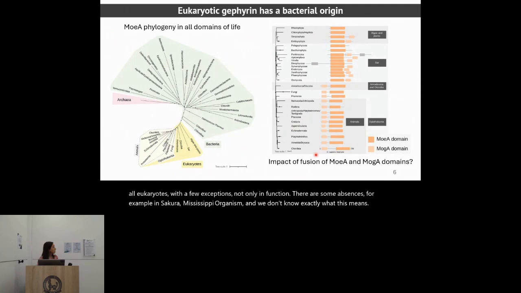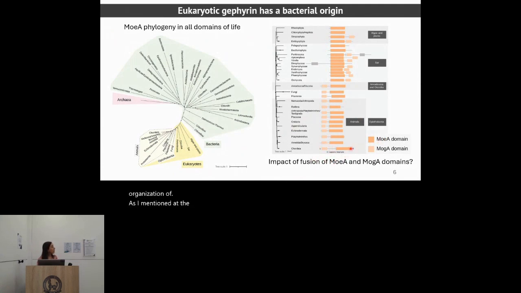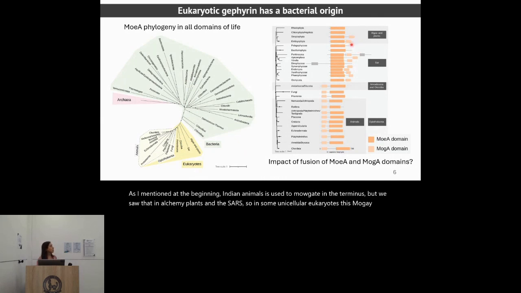This is another view of the same phylogeny of the eukaryotes, where I map the domain organization of MoeA. As I mentioned at the beginning, in the animals, MoeA is fused to the MoeA domain at the N terminus, but we saw that in algae, plants, and the SAR, so in some unicellular eukaryotes, this domain is actually fused at the C terminus. And this is very intriguing, and we don't know if it's associated with a moonlighting function as well or not. But we wanted to know a bit more about this.